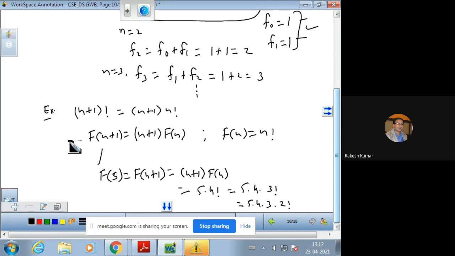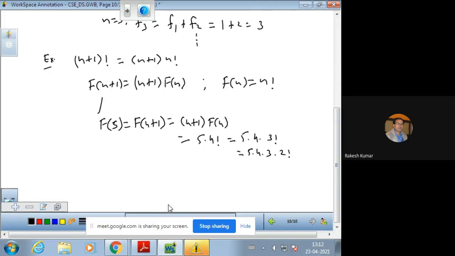and you will have 5 into 4 into 3 into 2 into 1 factorial. So ultimately you will have the value 5, 4, 3, 2, 1, that is 5 factorial.